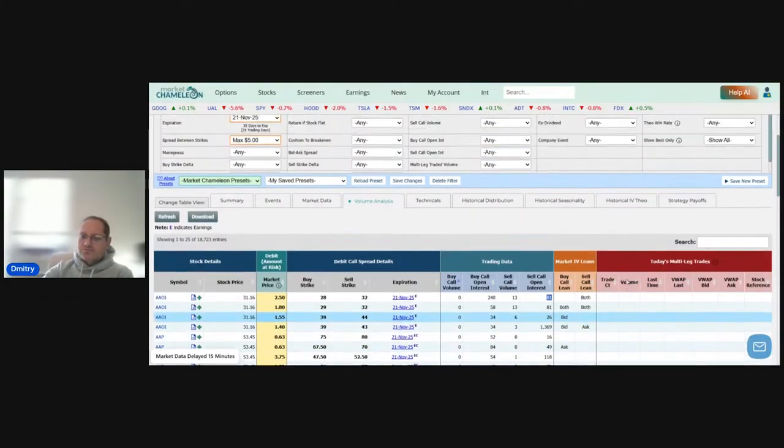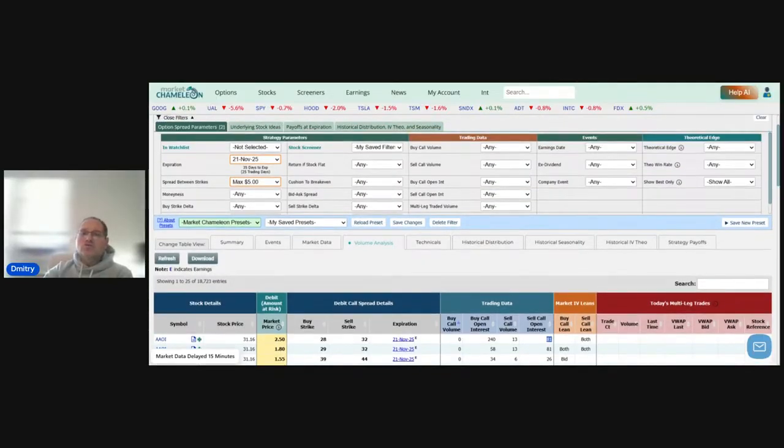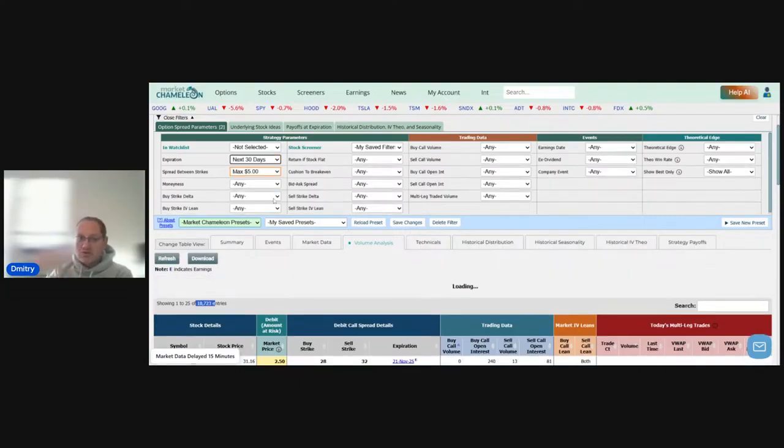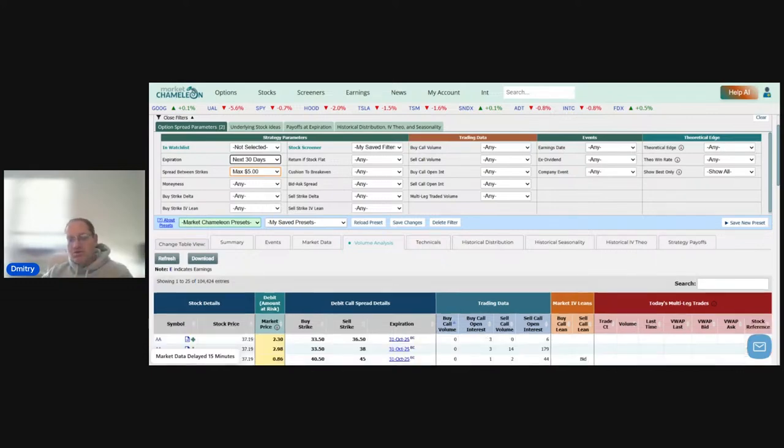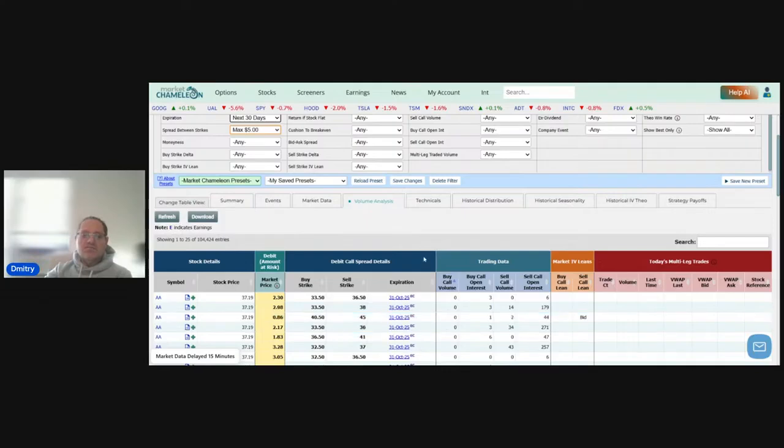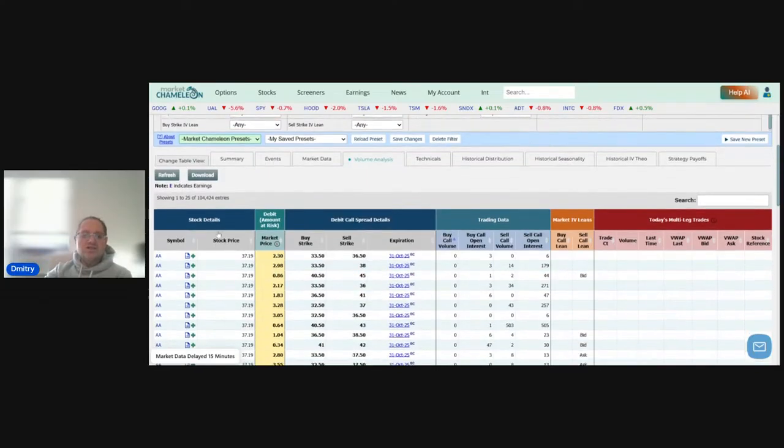Now, we could also sort, or filter. So what I'm going to do is let's expand the expirations we're looking at. I'm going to go to the expirations and look at all expirations that expire within the next 30 days. So this isn't only looking at November 21st, but it'll look at different expirations that expire within the next 30 days.